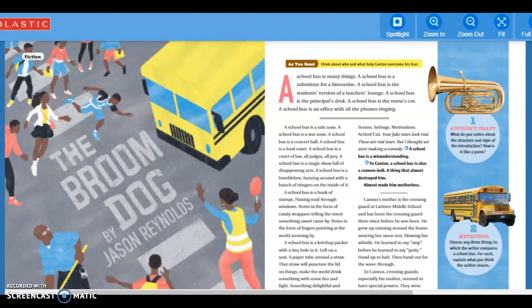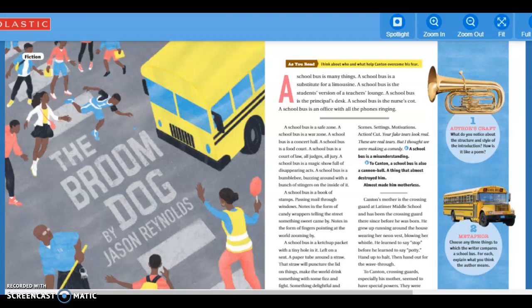When I think about a teacher's lounge, I think about that as a place for me to go and get food and make copies and kind of talk to other teachers, and it is a place for me to go and relax. So I think about that being a place that students can go when they're on the school bus. So I thought that was a good metaphor that the writer used.